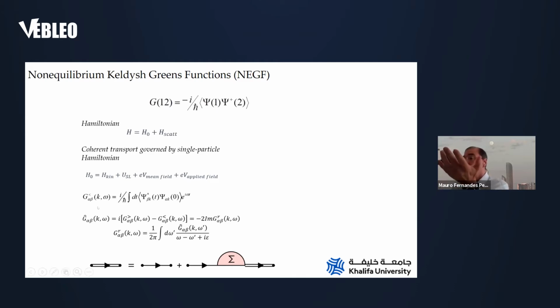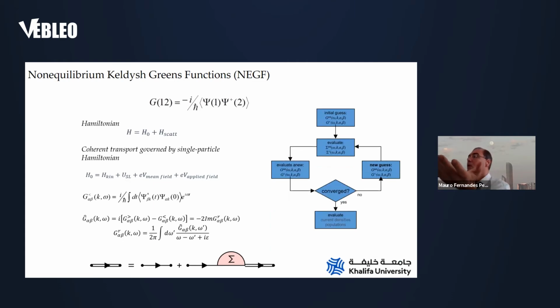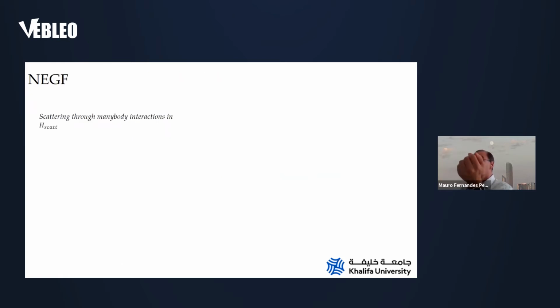We have the applied field itself, and then we have many-particle corrections. This is a numerical problem, and if we reach convergence, we can then look into physical quantities such as population densities, currents, and optical spectrum.